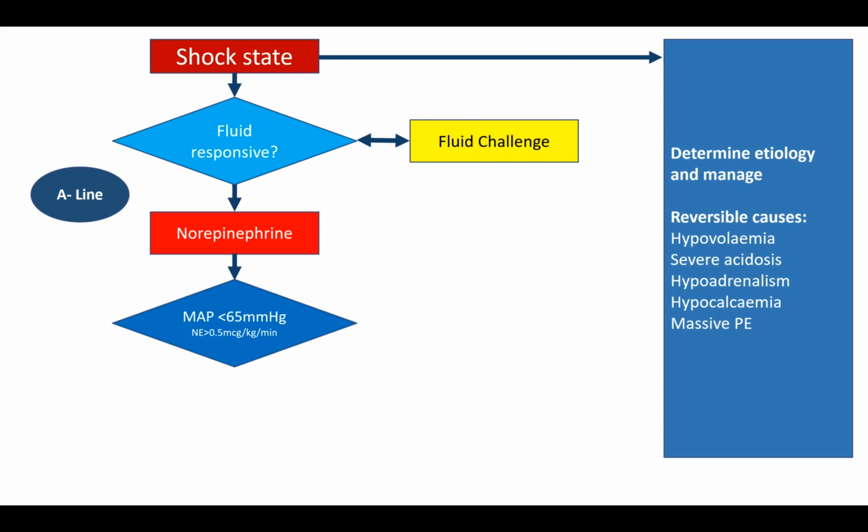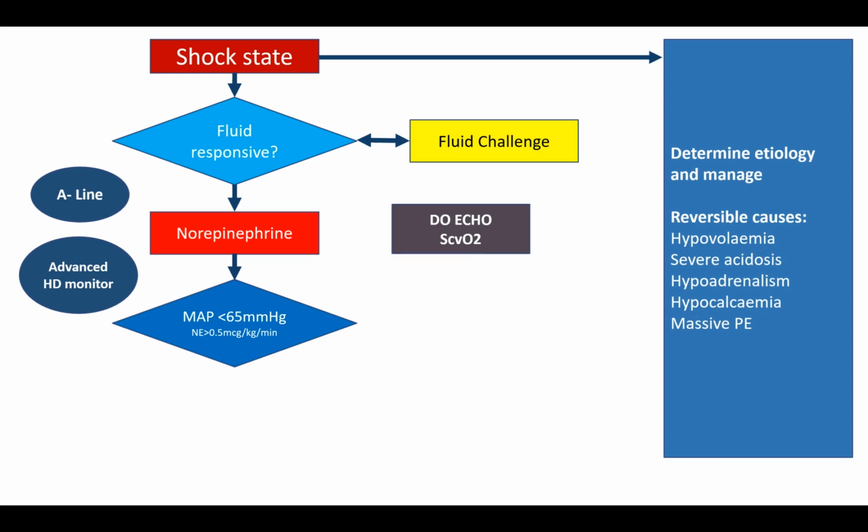If the mean arterial pressure is still less than 65 millimeter mercury and the norepinephrine at more than 0.5 mics per kg per minute, at that time you need an advanced hemodynamic monitor device such as transpulmonary thermodilution device. You would do echocardiogram for the patient and measure the central venous O2 saturation through the central line that you have, if it is in the IJ or the subclavian.